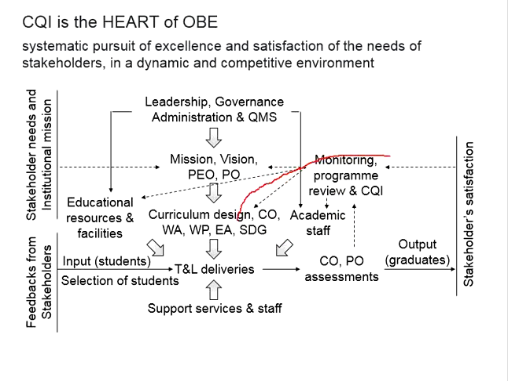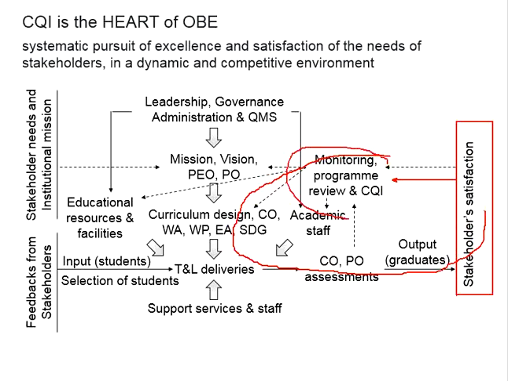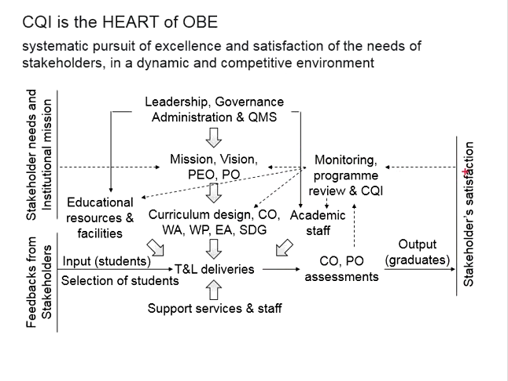This creates a loop of producing students and graduates, releasing into the industry, and then acquiring feedbacks from the industry, and then we continue with the monitoring, review, and CQI. Therefore, we will require timely feedbacks from the stakeholders. At the same time, we will also require the inputs from the stakeholders.